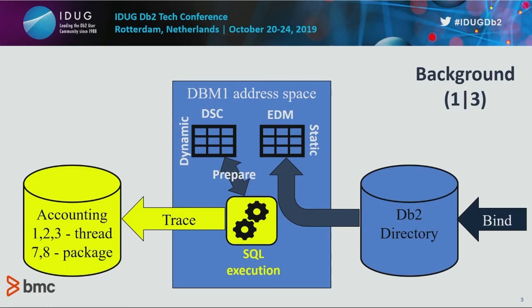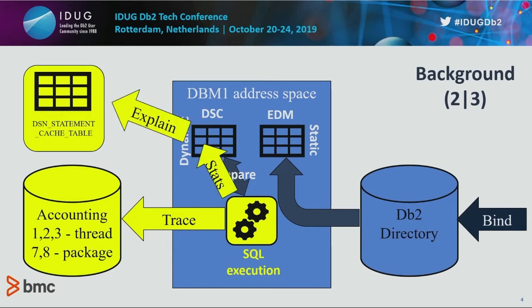Or it can be invalidated in the case of a dynamic entry. If you do a schema change, change your indexing scheme, or update the catalog statistics, then those are events that can cause the cache entries to be invalidated and cast out from the cache.